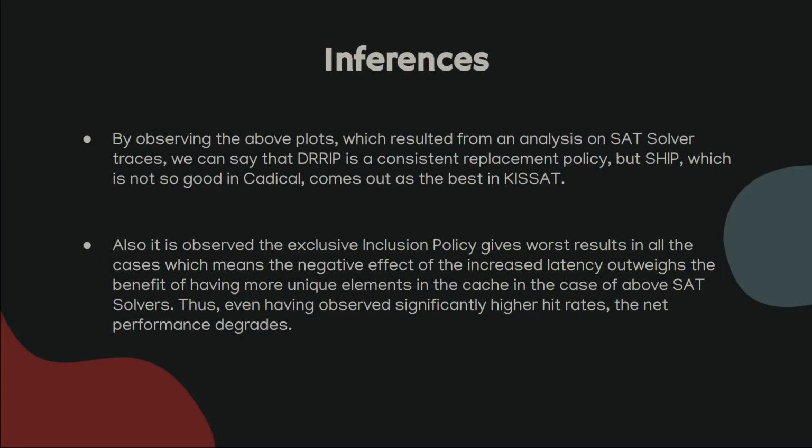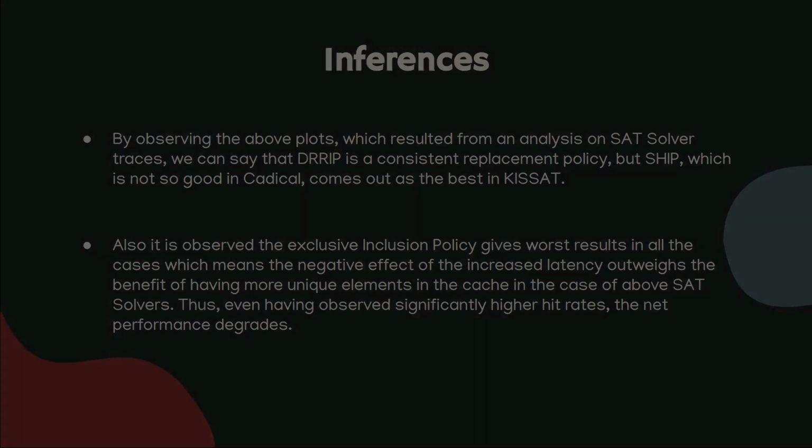So from this we can infer that the dynamic RRIP is a consistent replacement policy, but the SHiP replacement policy performs worse in canonical and better in KISAT. Also, it is observed that the exclusive inclusion policy gives worse results, although we observed significantly higher hit rates, but the effect of the increased latency outweighed it and the net performance was degraded.